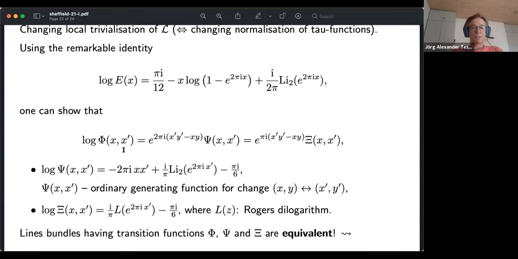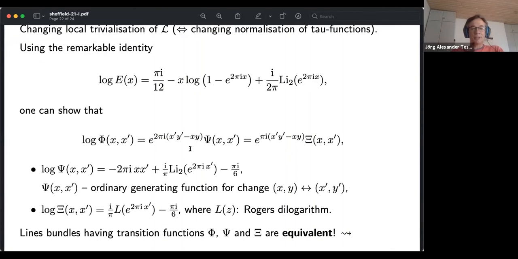So you can then compare, just by computations resting on this formula, our phi, that was the difference generating function. It's an identity that it is proportional, up to something that you just see as a change of trivialization of the line bundle, if you're adopting this interpretation.